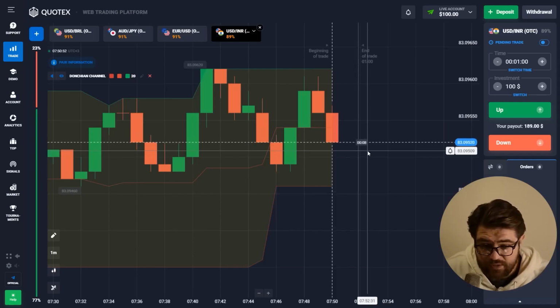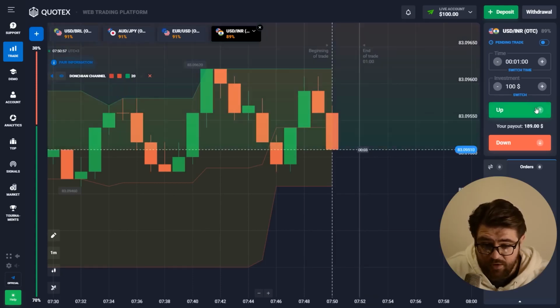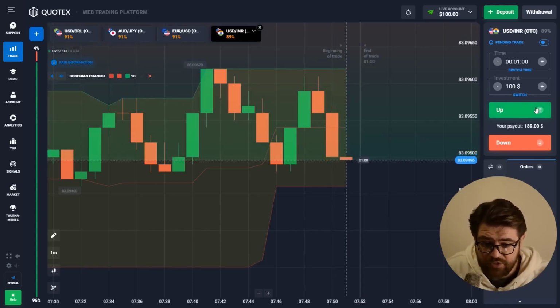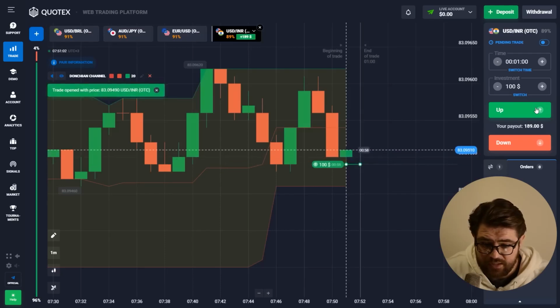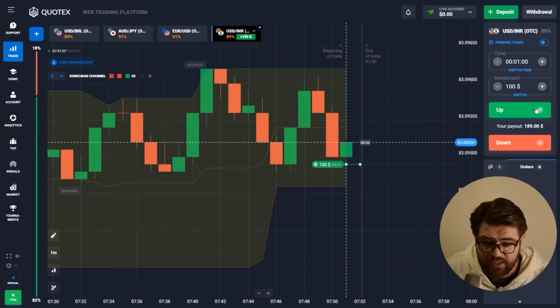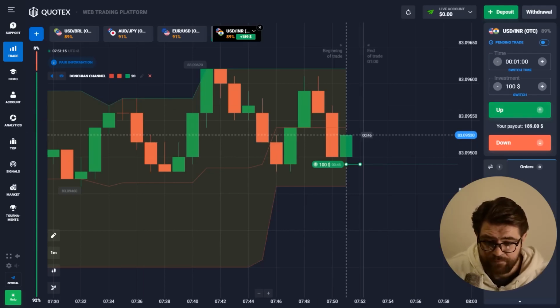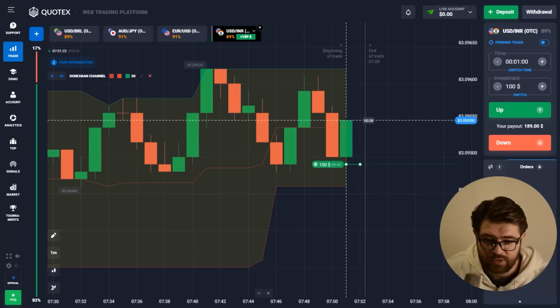So we're going to work with 1 minute options, and right now I'm going to go with a call option here, because you see the channel, the graph is showing us a pattern that is repeating itself, and I just waited a moment there at the bottom, at the support line, if you will. So it bounced off almost a support line, and we went with a call option.